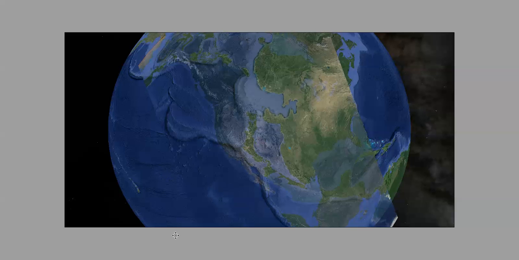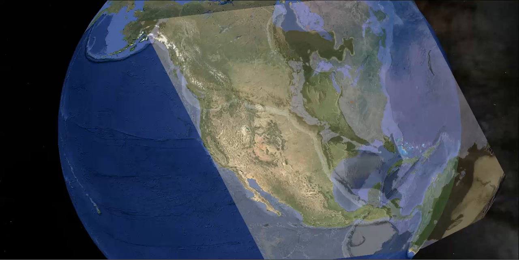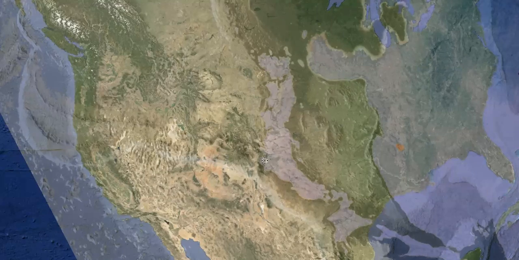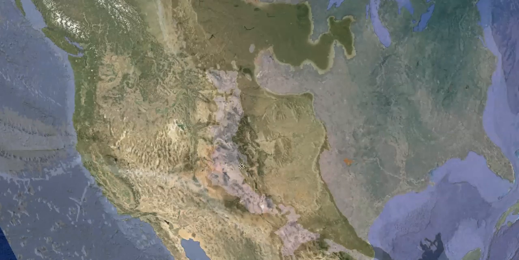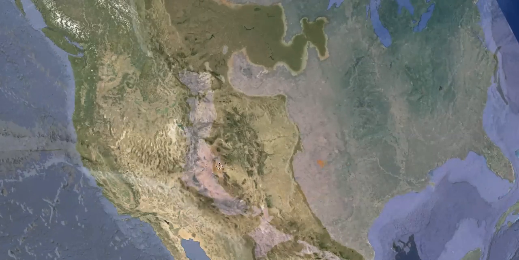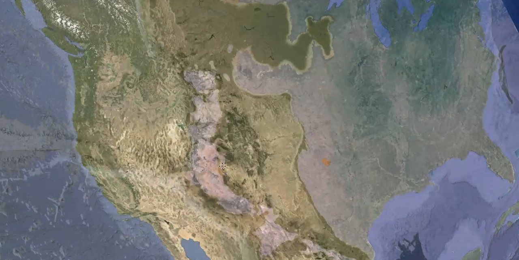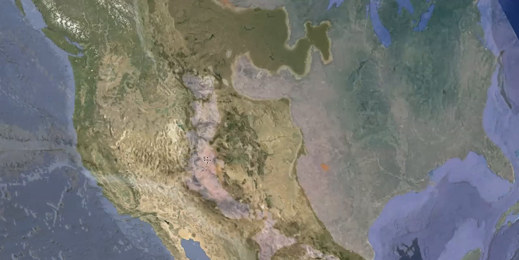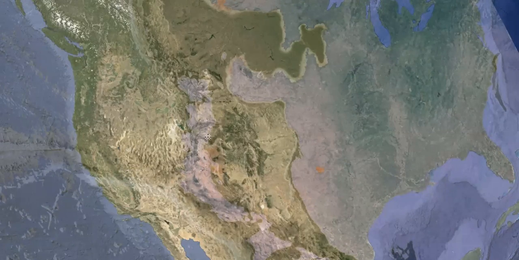Let me try something here. This is a negative of Japan right here, the negative color. It kind of helps you see things a little better. There's that area with the ripples lining up. The rose is lining up.